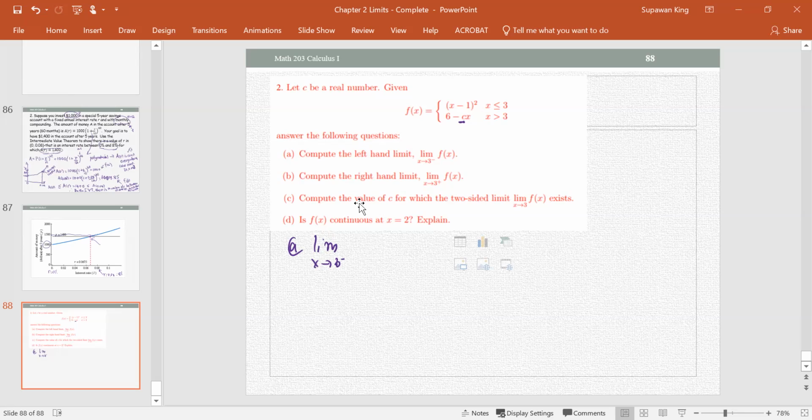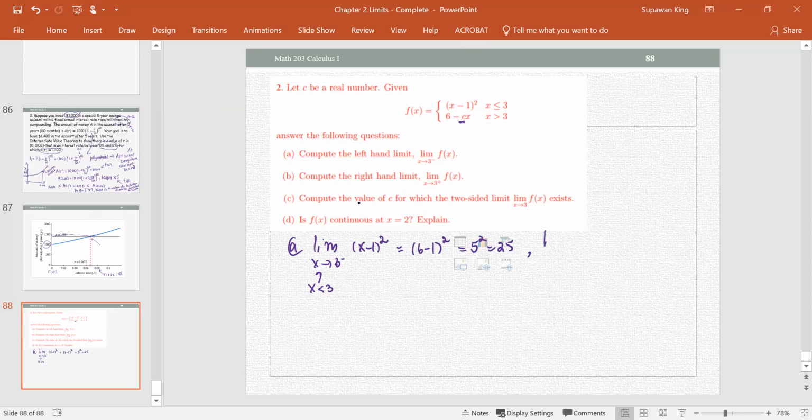For this case, x is slightly less than 3, so we're going to go with the top function, which is x minus 1 squared. And this is a polynomial function. We can just use direct substitution. So 6 minus 1 squared, or 5 squared, or 25 as the answer for part A.